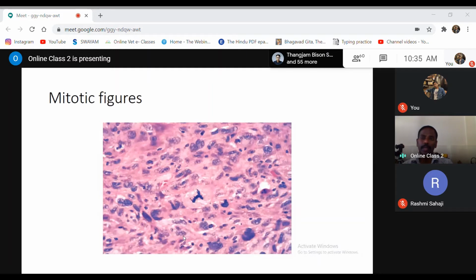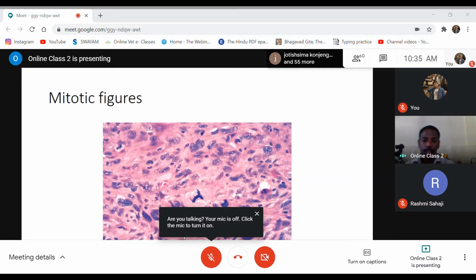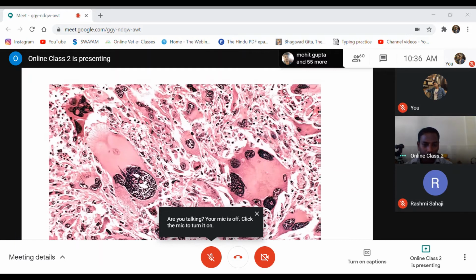They grow much faster, and the number of cells multiplying in malignant tumors is more than in benign tumors. So we can expect the number of mitotic figures to be more in malignant tumors. These types of cells are called mitotic figures.